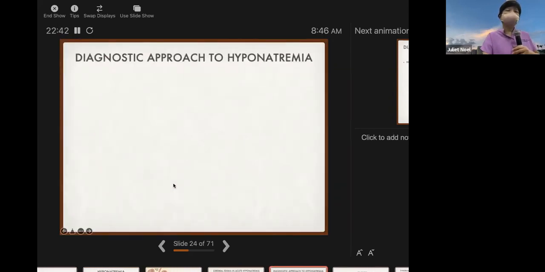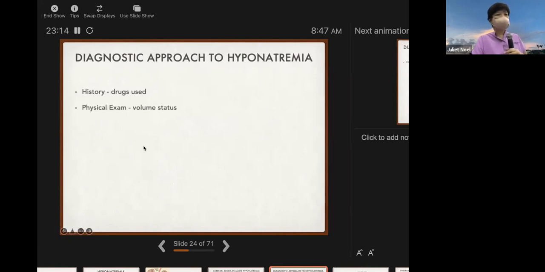So the diagnostic approach in hyponatremia, very important. You get a history. Is there anything that they were taking? Some patients would be taking vasopressin itself, or medications that would stimulate or would act like an antidiuretic hormone.